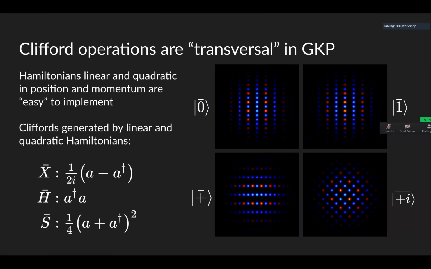So if I want to do an X gate that takes the 0 state to the 1 state, all I need to do is do a translation in position. If I want to do a Hadamard, which takes the 0 state to the plus state, all I need to do is a rotation by 90 degrees in phase space. If I want to do an S gate to take the plus state to the plus i state, I just need to do a shear in the phase space, which is really nice.